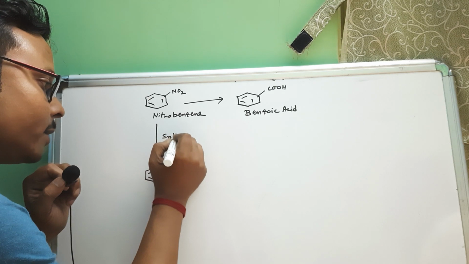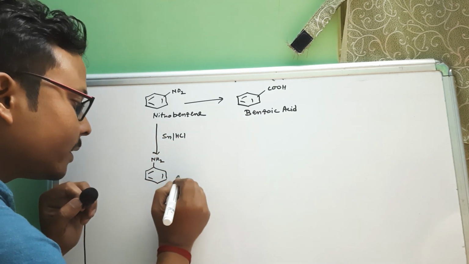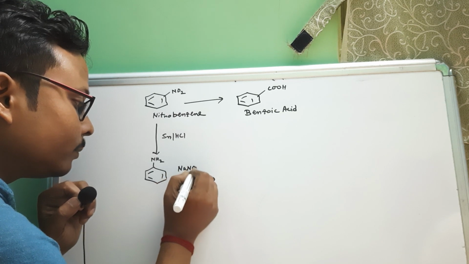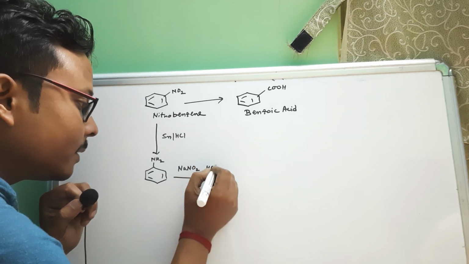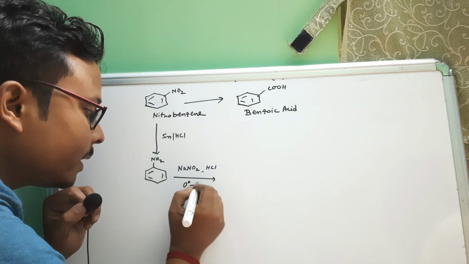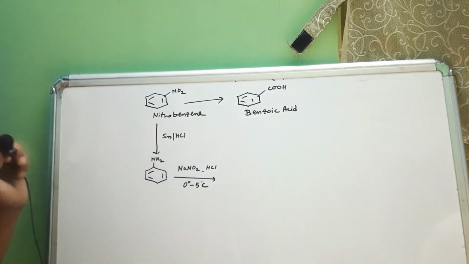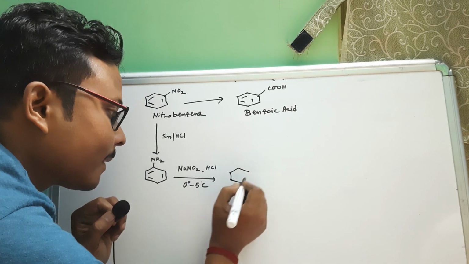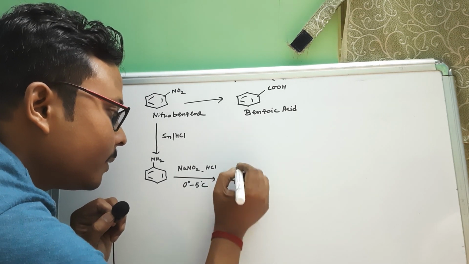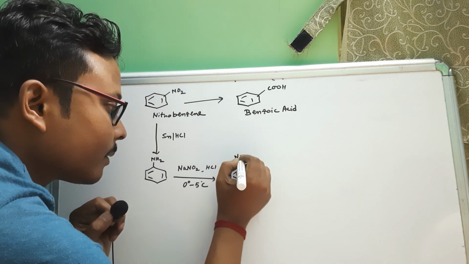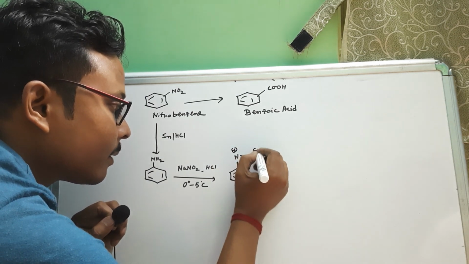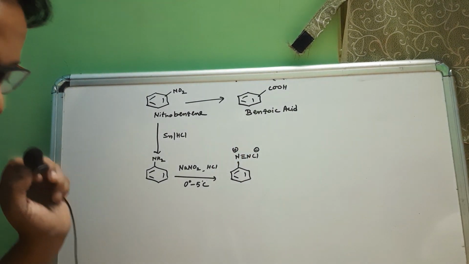By which reagent? Sn/HCl. So aniline is formed, then NaNO2, HCl, and temperature should be written here. This is a must. Temperature should not be forgotten. So it will be the diazonium chloride, Cl minus. Okay, diazotized.